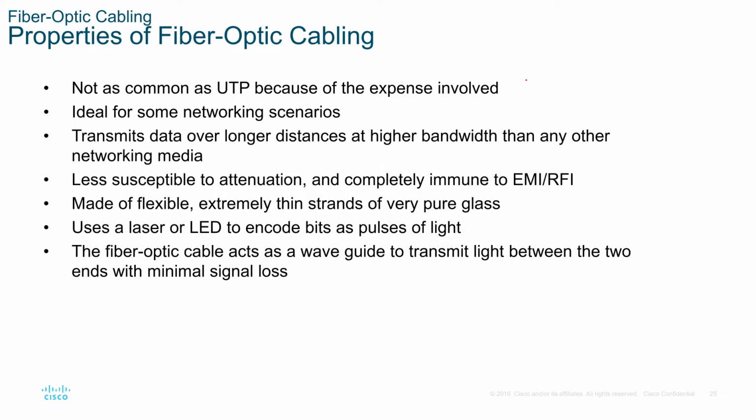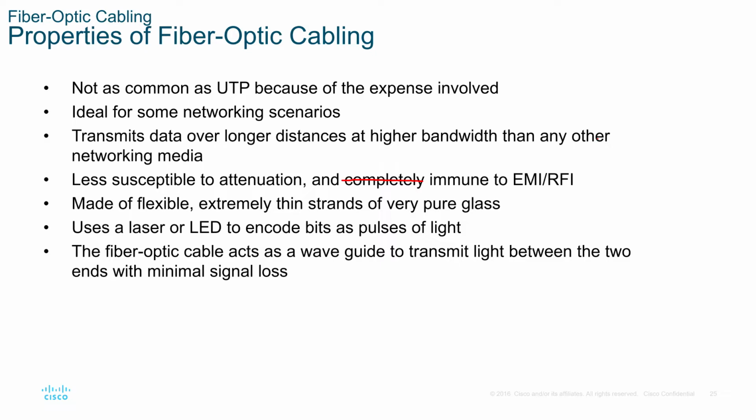It can run much longer distances at higher bandwidth than any of the others. It is less susceptible to attenuation and completely immune to EMI and RFI. I do disagree with this statement because it is not completely immune. In everyday use, yes, it is completely immune.